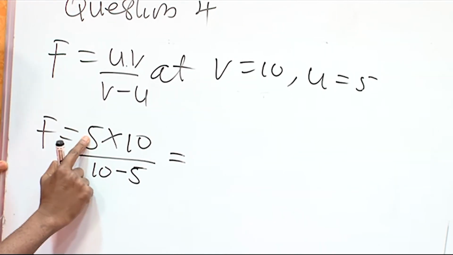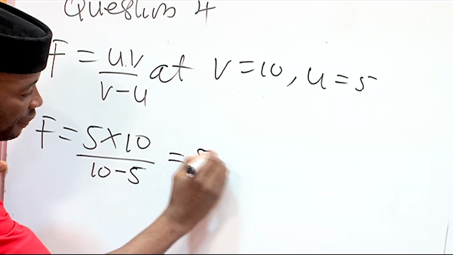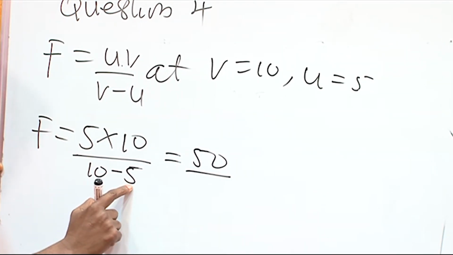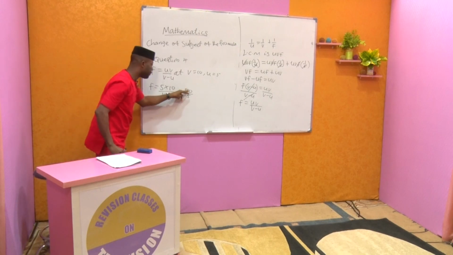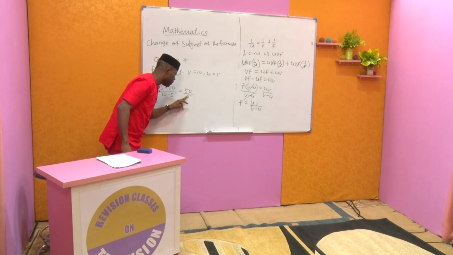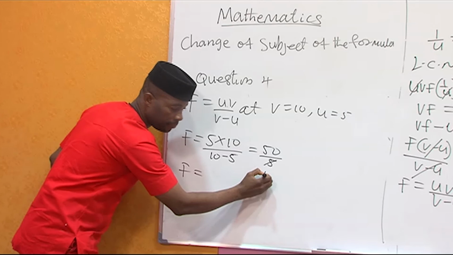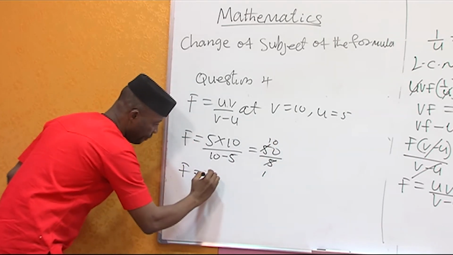Equals to 5 times 10 is 50, all over 10 minus 5 is 5. Then 50 divided by 5, you can use 5 to cancel 5, 1. 5 into 5 is 1, that is 10. So F is equals to 10.